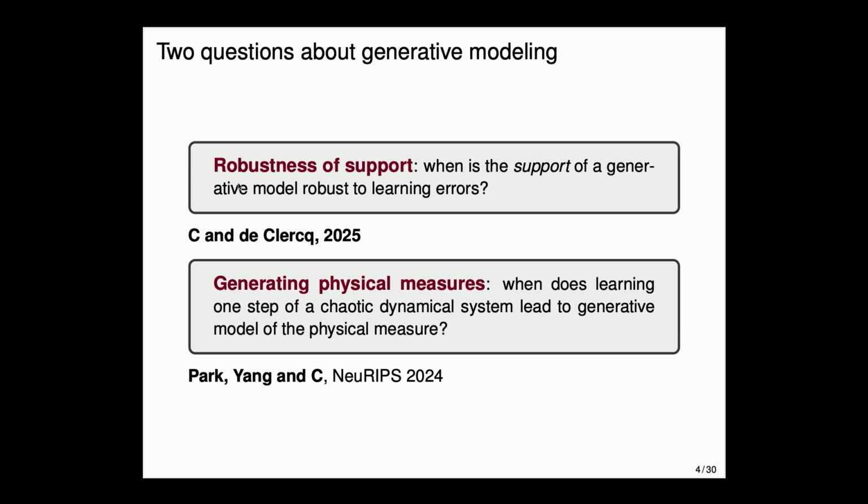Can we ask when is the support of the generative model robust to these learning errors? The reason we are asking this question is that we believe there is some low dimensional support of the true target distribution. So, each sample from this support is a plausible sample, it is physically meaningful. So, even if we do not get the distribution right, as long as we sample from the support, maybe this is a guarantee that we would like in scientific applications.